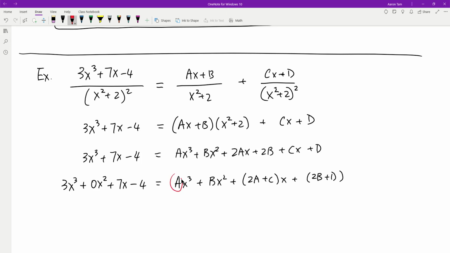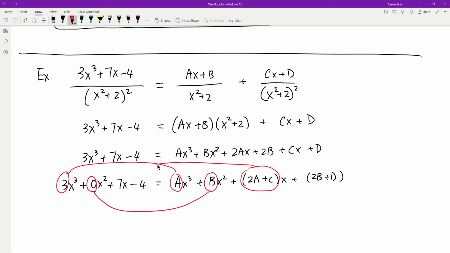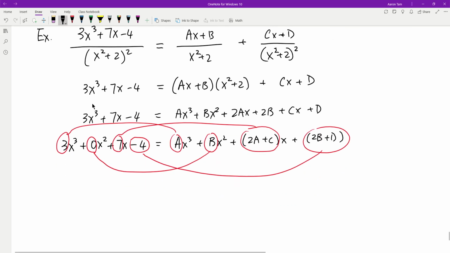Now I can say that this coefficient must match this coefficient, this one must match this one, this one must match this one, and this one must match this one. Therefore, we result in a system of 4 equations.